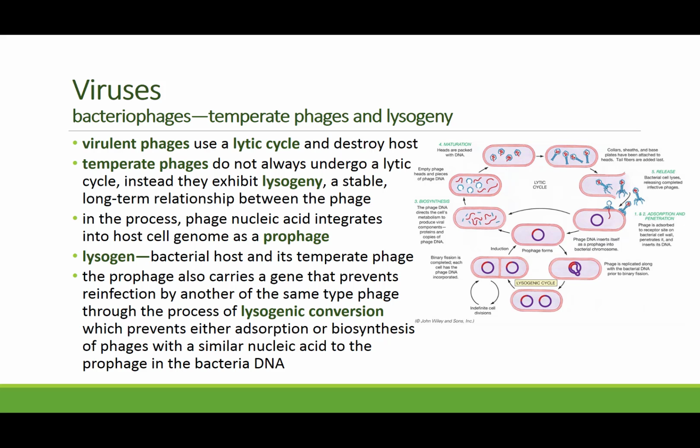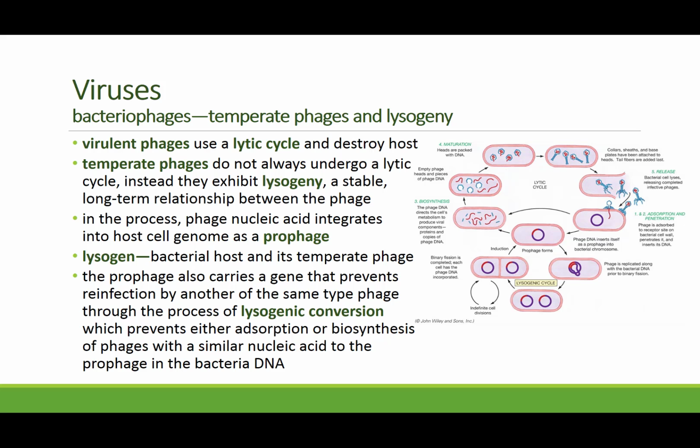Okay, so not every phage causes a lytic cycle and destroys the host. There are some phages that, rather than immediately causing the destruction of the host, actually insert their virus DNA into the bacterial genome and allow the cell to continue living and reproducing, but each offspring cell contains this prophage, this set of virus protein-making instructions.